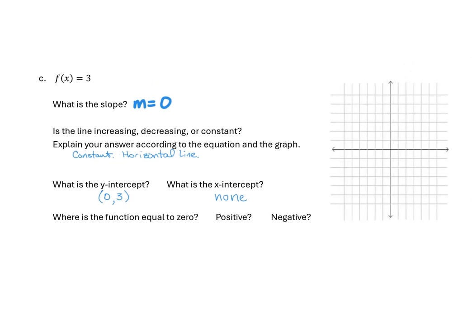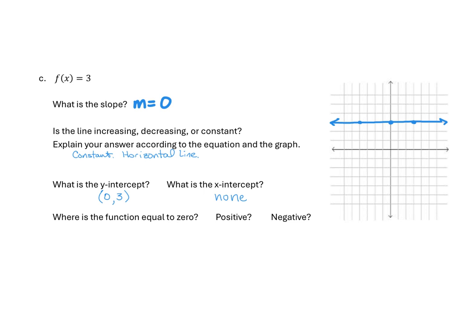All right, if we graph this, we have y equals 3, our y-intercept is (0, 3), and we just need to pick at least one more point in order to graph this. It doesn't matter what we plug in for x, y is 3, and so this is what our equation looks like. All right, where is the function equal to 0?